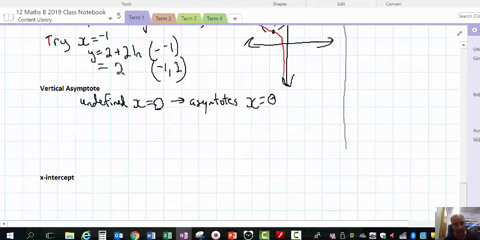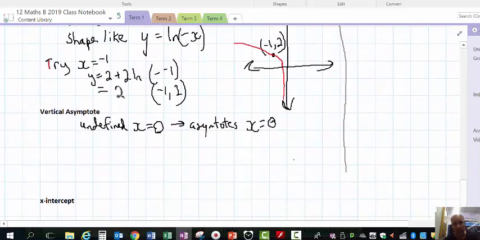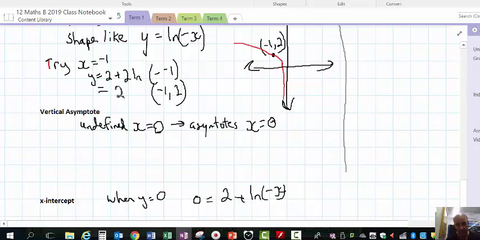So we've got 2 out of 3 steps done, and looking at the x-intercept now, well, the x-intercept is still when y equals 0. So let's have a look at that. We've got the function, let's set y equals 0. 0 equals 2 plus log of negative x.